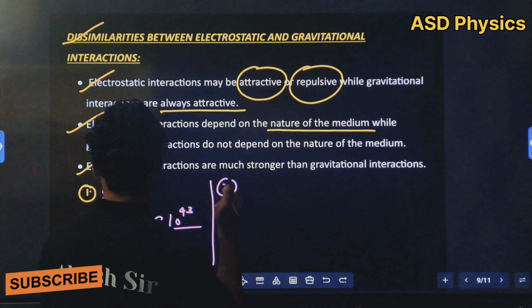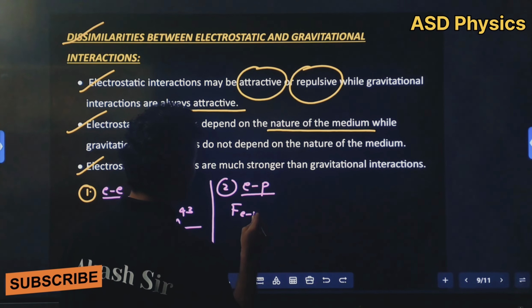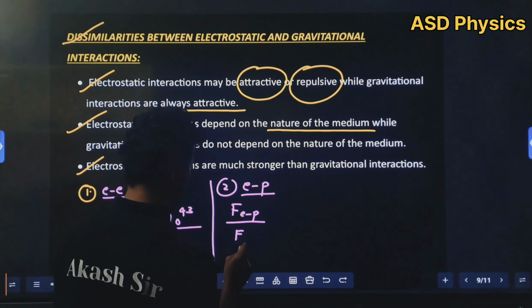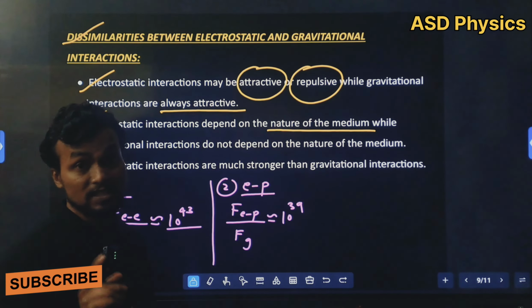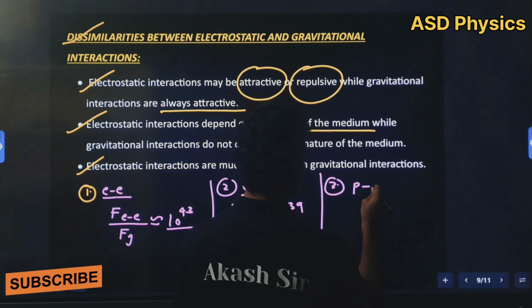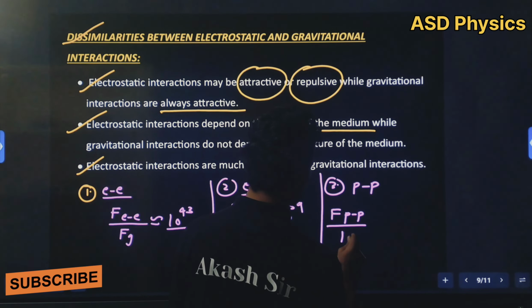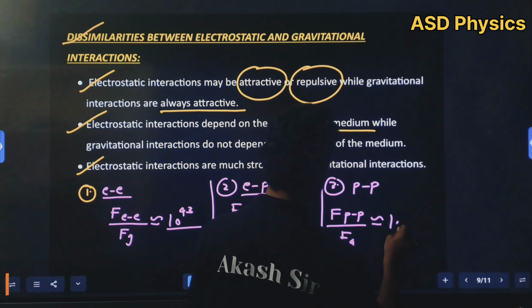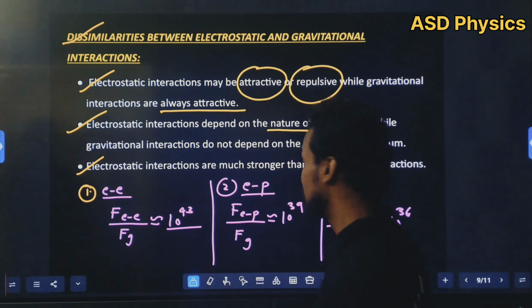Second, for an electron and proton, the ratio of electrostatic force to gravitational force comes nearly 10 power 39. And the last one, for two protons, the ratio of electrostatic force to gravitational force is 10 to the power 36. So all these values you should remember.